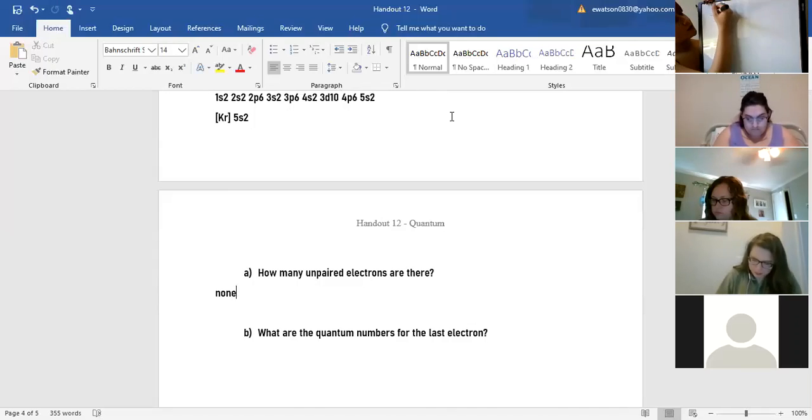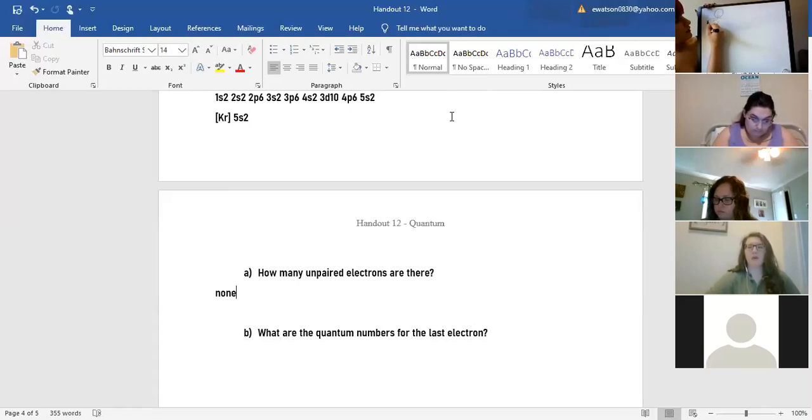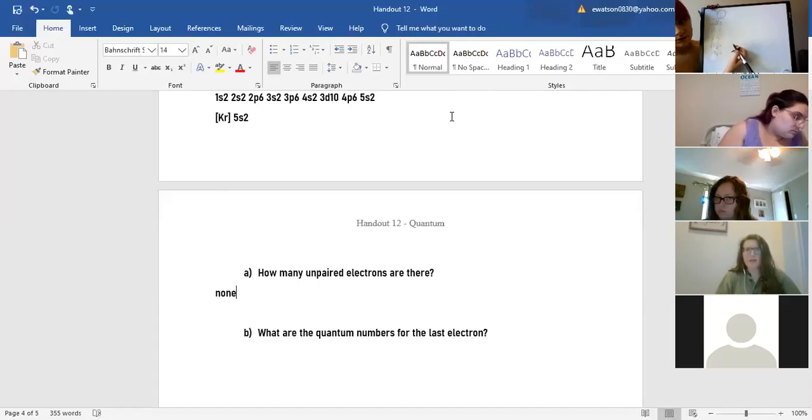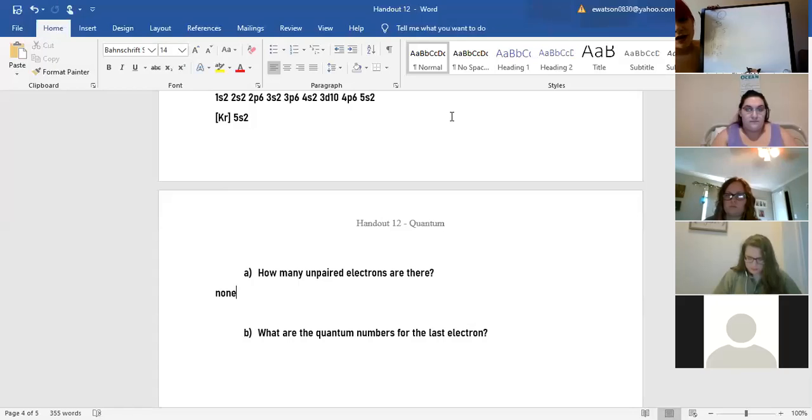Based on our electron configuration, we're going to have 2 here, right? So we're focusing on the very last electron. We need our N, our L, our M sub L, and our M sub S. What is our N? N is 5. What about our L? 0. And that's based off of our S, right?